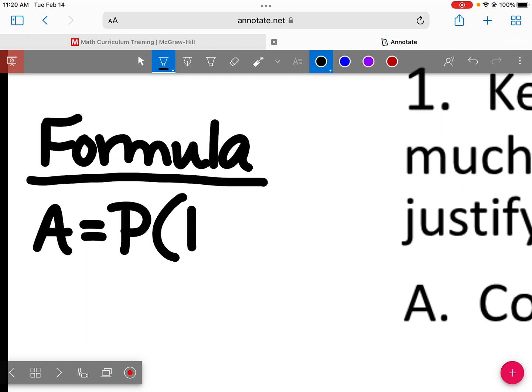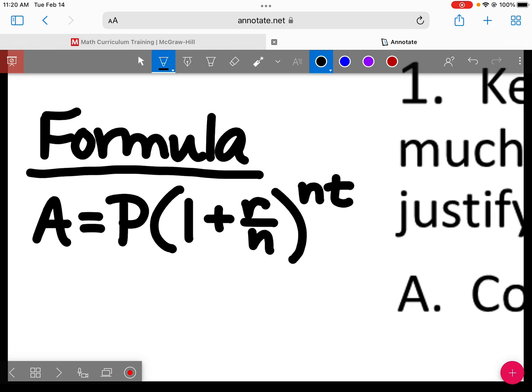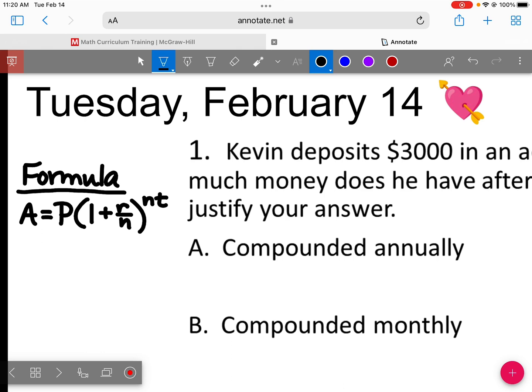Parentheses. To the power of NT, yes. We can absolutely use that one here. There actually is another option for this one, and I will talk about what that is as we go through the problem and see what happens.